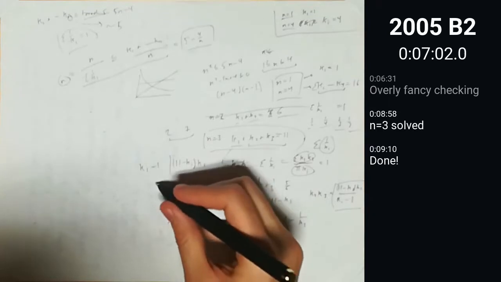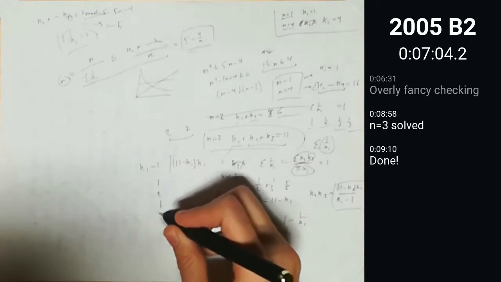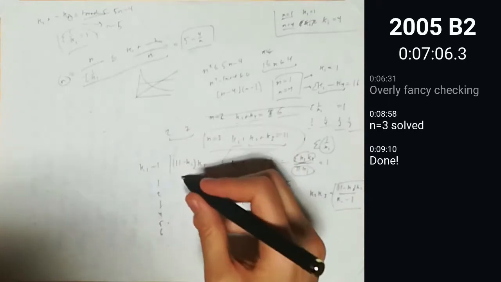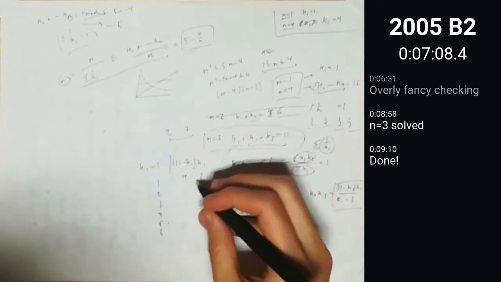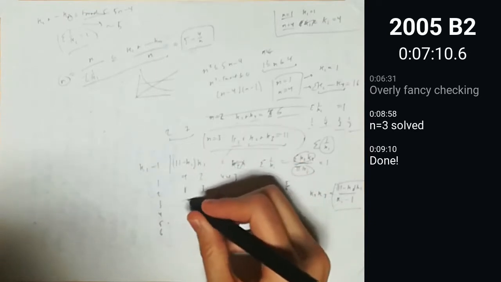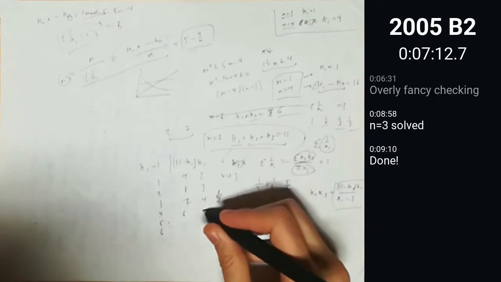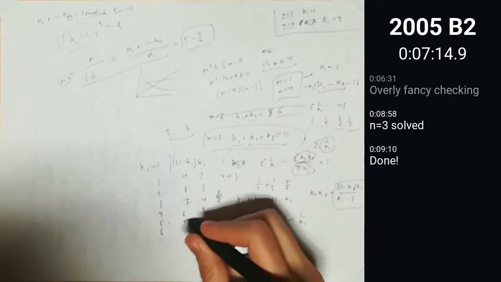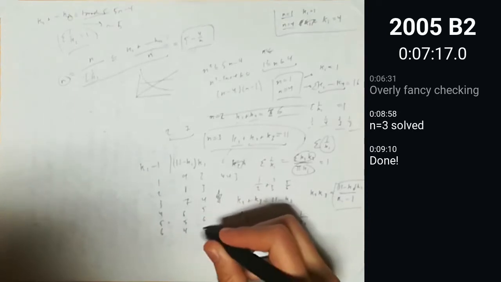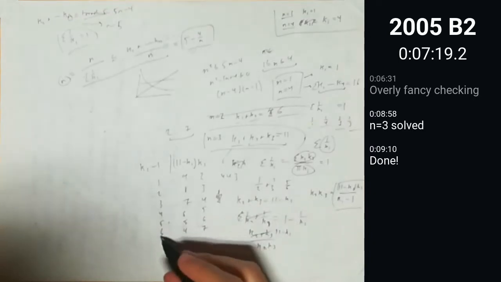Okay, I guess it's time to just list them all out. 2, 3, 4, 5, 6, 7: 9 times 2, 8 times 3, 7 times 4, 6 times 5, 5 times 6, and 4 times 7. This doesn't work.